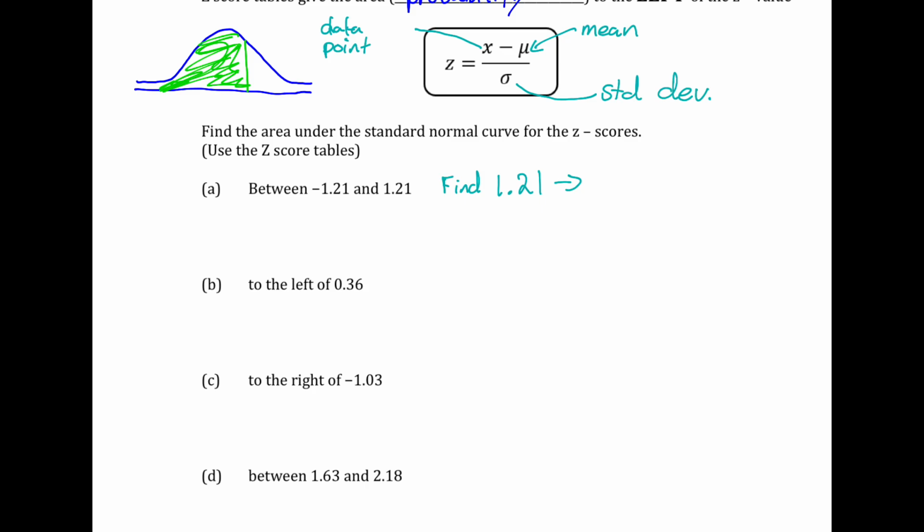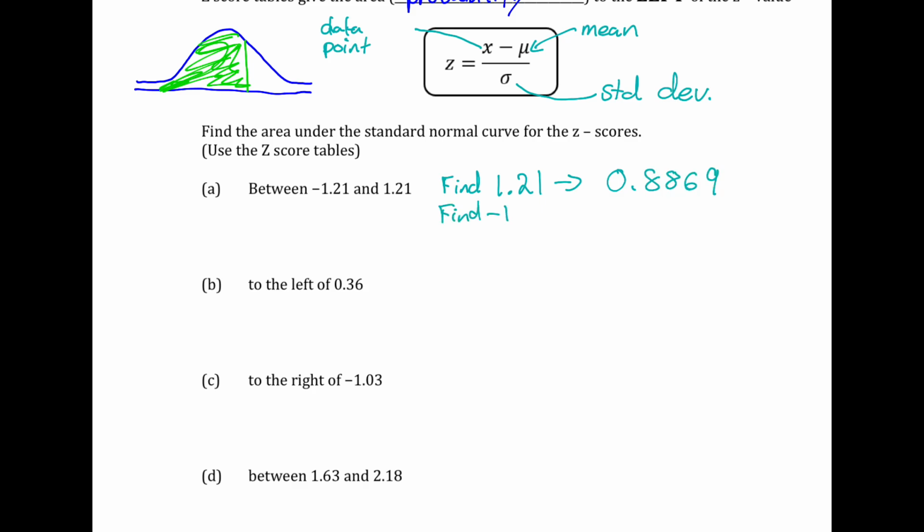We just have the first numbers, 1.2. So go down here until you get to 1.2. And then the numbers across are that second decimal point. So if I go 1.2 and then 1, it should be 8665. 0.8665.